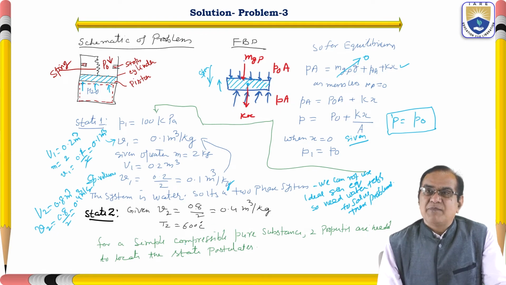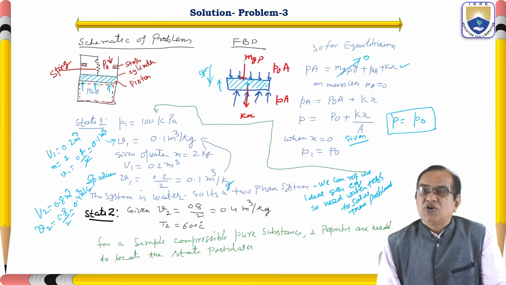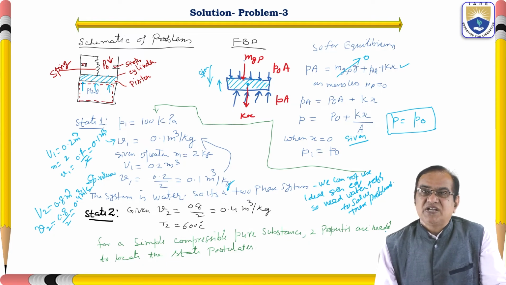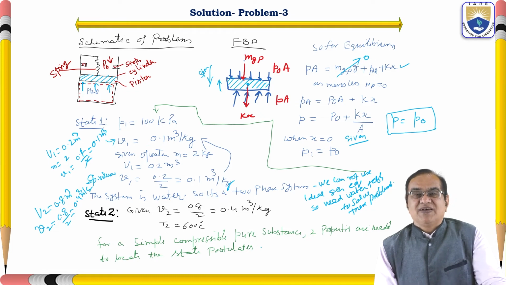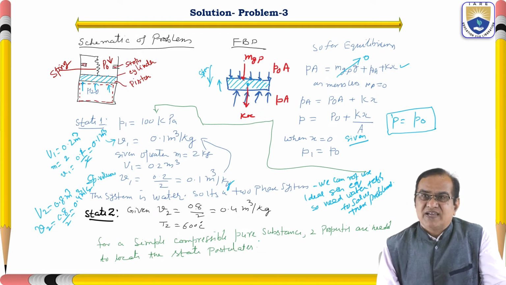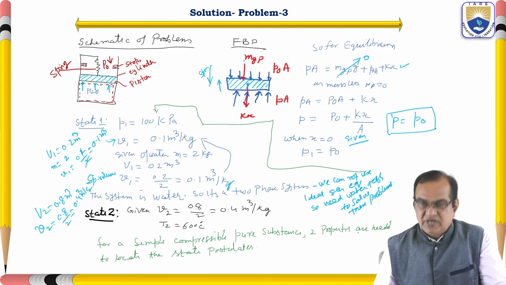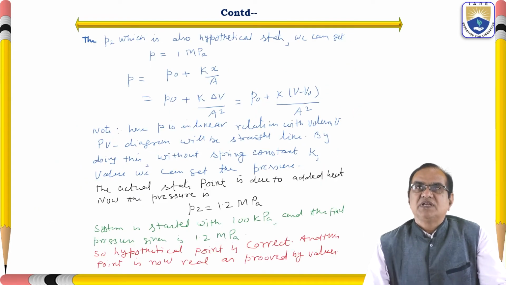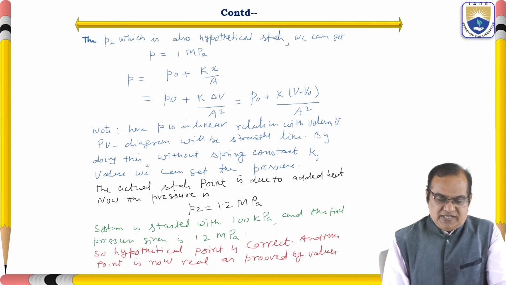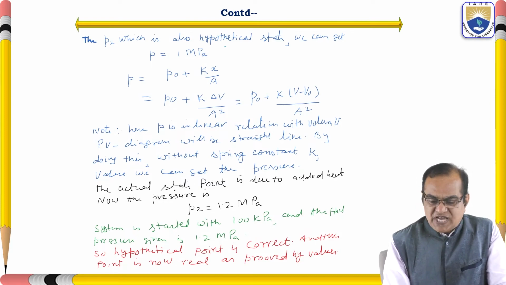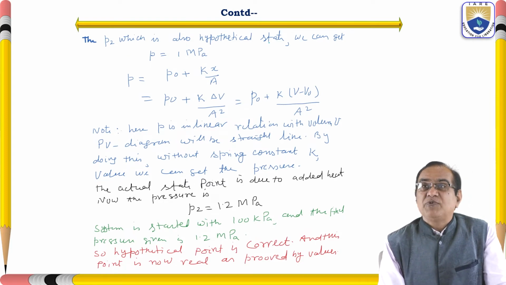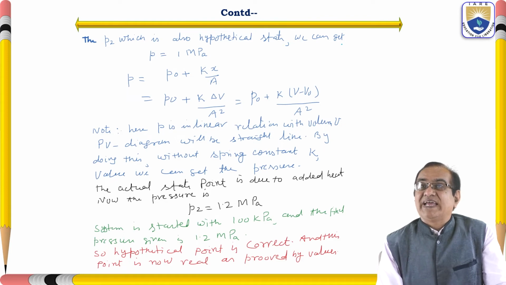For a simple compressible pure substance, minimum two properties are needed to locate the state, as per the state postulate. So here we can get P2, which is also the hypothetical state.